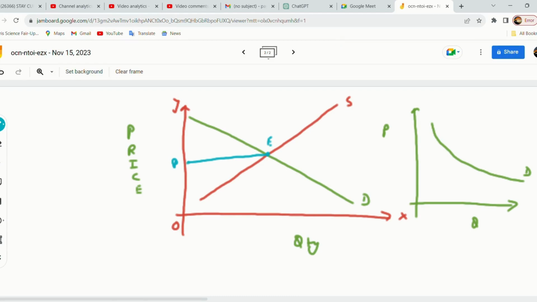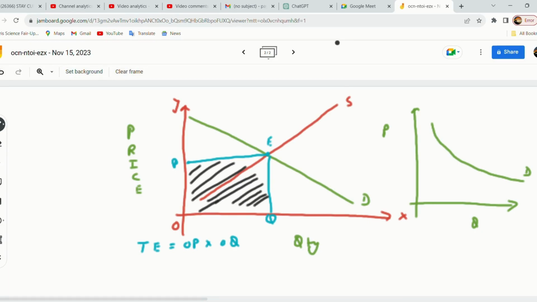The total expenditure incurred for this much quantity is the multiplication of price with quantity. It gives us the area of this rectangle. This entire rectangle is total expenditure.